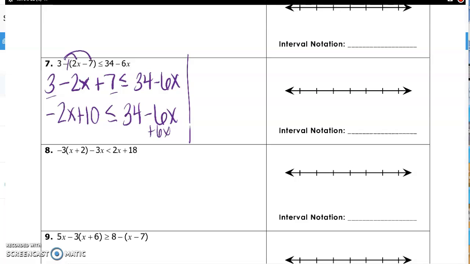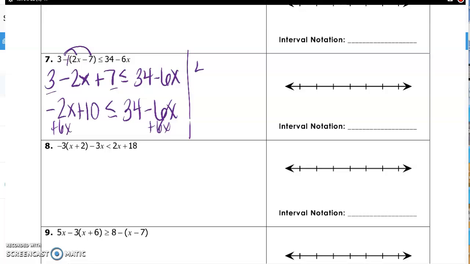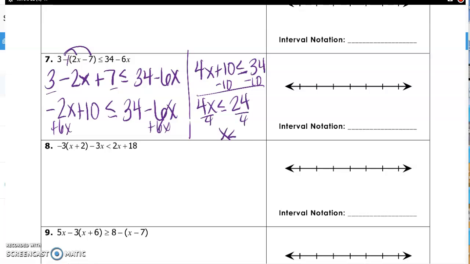So I would add 6x to move it over to the other side. So that gives me 4x plus 10 is less than or equal to 34. Then I subtract 10. 4x is less than or equal to 24. Divide by 4. X is less than or equal to 6.